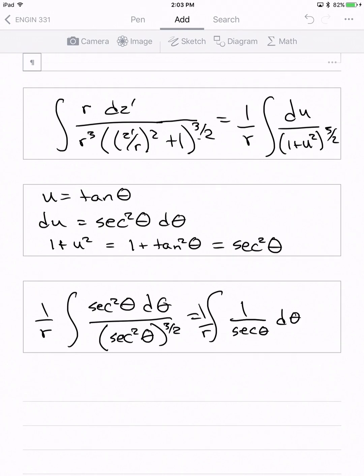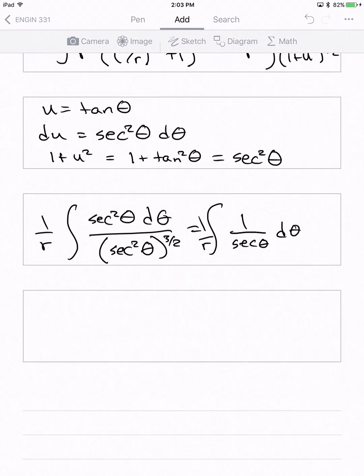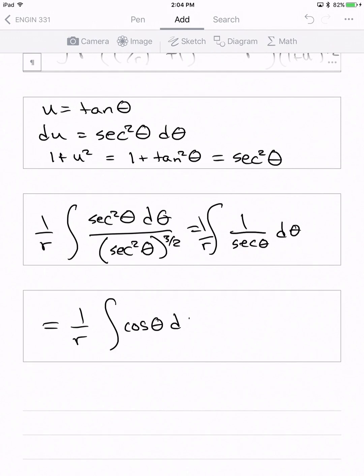Remember, secant theta is 1 over cosine theta, so now we just have the integral of cosine theta d theta. Integral of cosine is sine, so what we have here is sine theta over r.